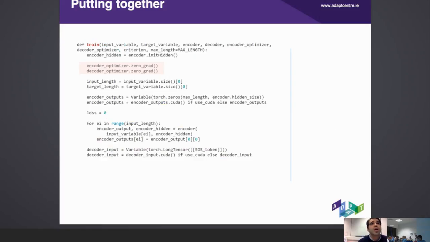First, we initialize our gradient values with 0 to make sure that we are computing the gradient values for this pass only, for this iteration only. Then this is the structure for our input and output.